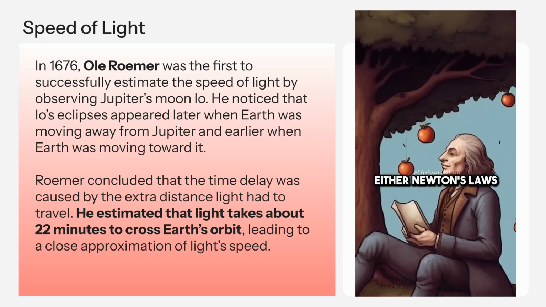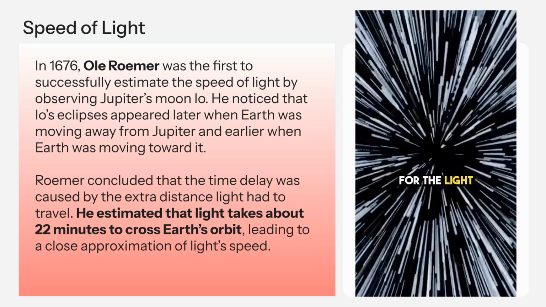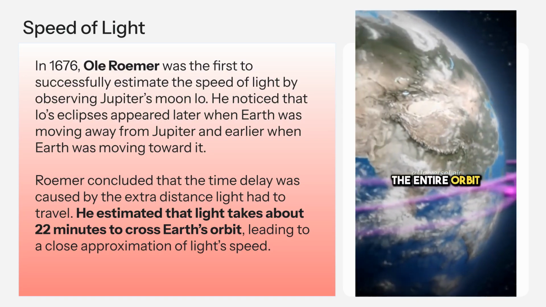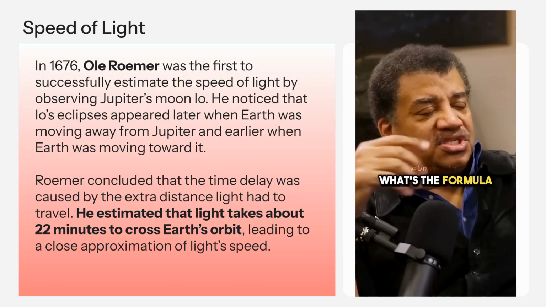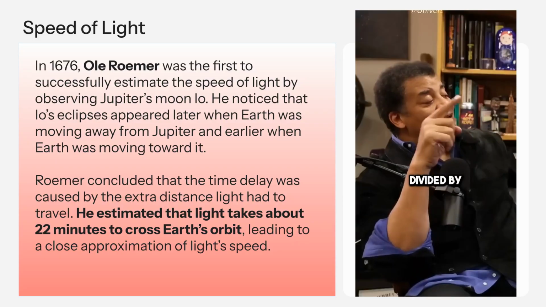He said either Newton's laws are wrong, or we had to wait for the light to cross the entire orbit of the Earth to get to you. What's the formula for speed? Distance divided by time.